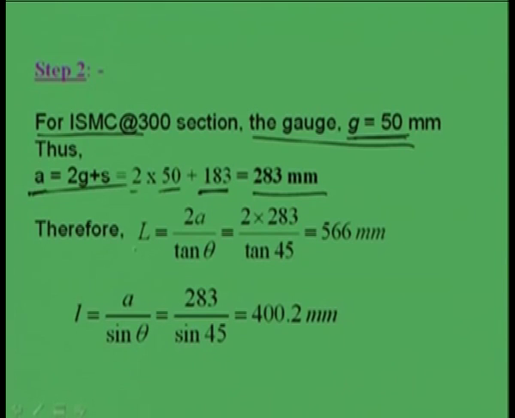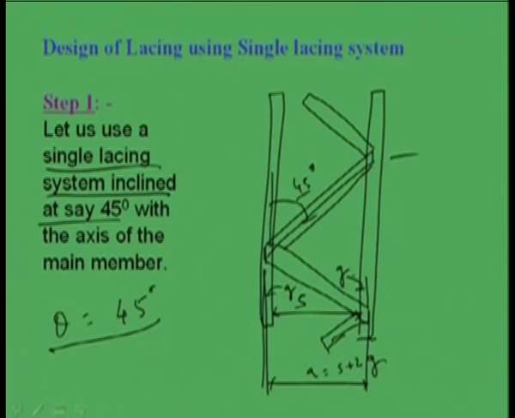Now, we have to find out L. L means this is the L, right. So, how do we find out? We will find out first. So, this is A we know, right. So, we can find out L by 2. What will be L by 2? Because here, if we see, this is 45 degrees.